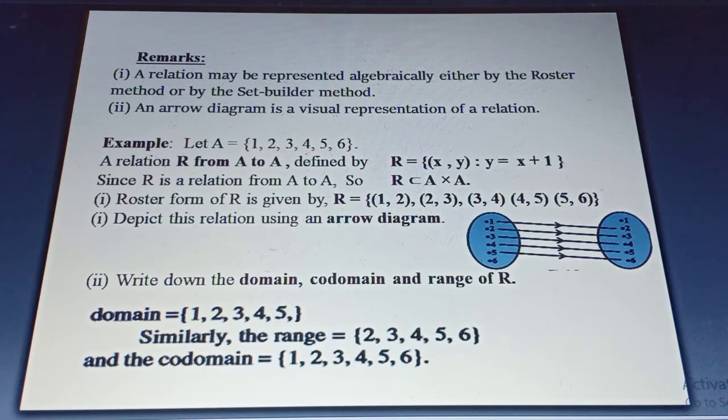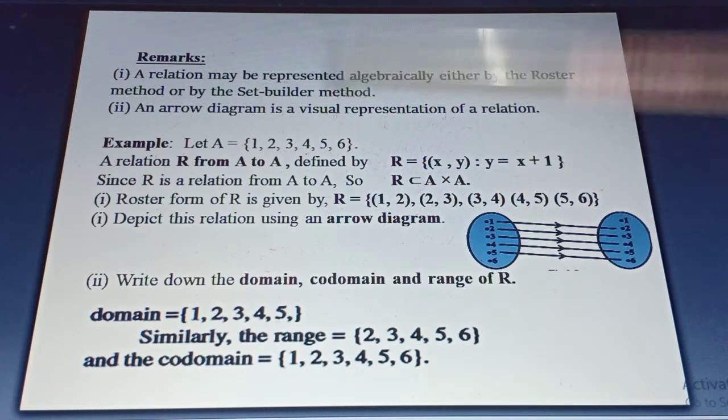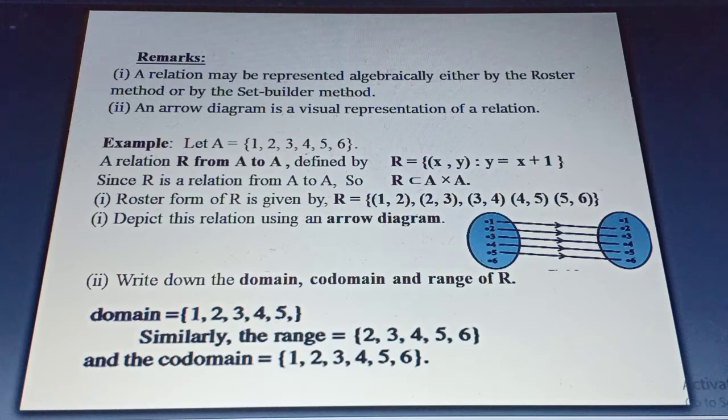So students, x and y both are elements of A. This set we can write in roster form like this. When you put x equal to 1, the value of y will be 2. When x equals 2, y will be 3. When x equals 3, y will be 4. When x equals 4, y will be 5. And when x equals 5, y will be 6. When you put x equal to 6, the value will be 7. This is not possible because 7 is not in the set A.